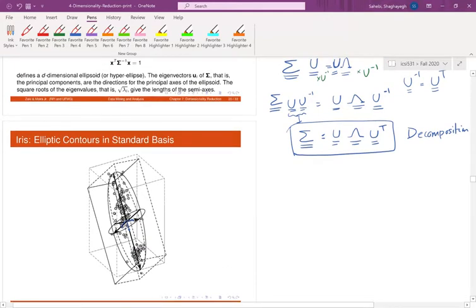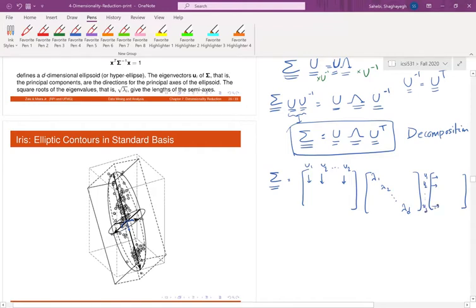We are writing sigma like this. We have all the ui's, u1, u2, ud, multiplied by lambda 1, lambda 2, etc., lambda d, multiplied by U transpose, which is u1, u2, ud, right?